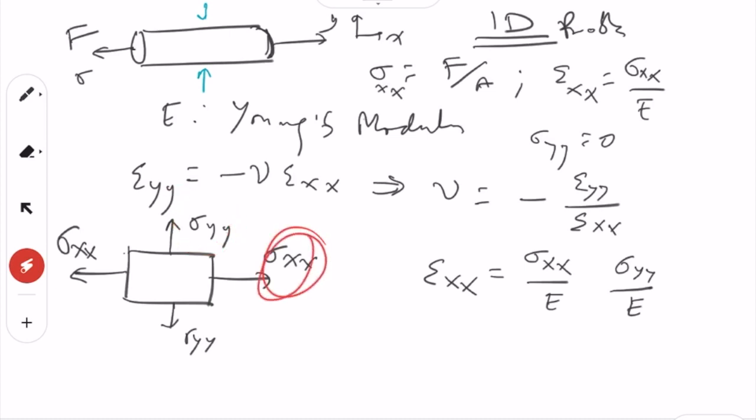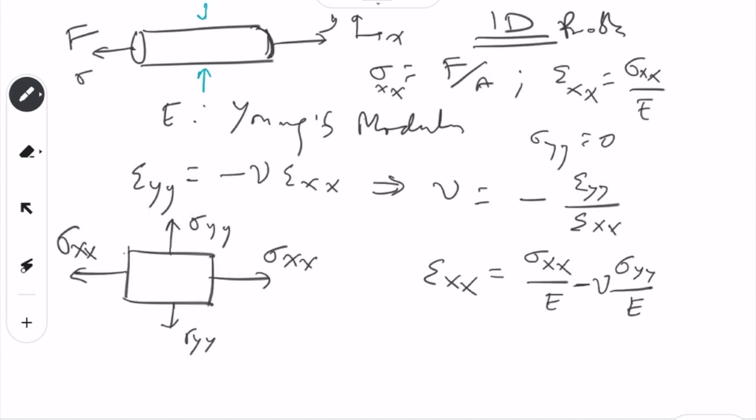For sigma xx, this is this one. For this one, because of Poisson's ratio, if there will be a contraction in this direction, if you apply this, there is an extension. If you apply this, there is a contraction, there will be minus. But this will not be equal to sigma yy over E, but rather multiplied by nu, which is Poisson's ratio. Hence, you will have minus Poisson's ratio like this.